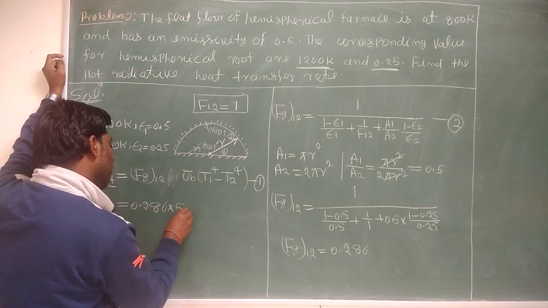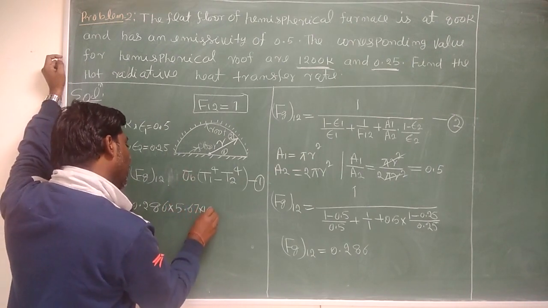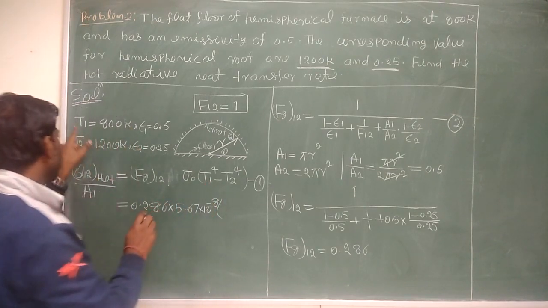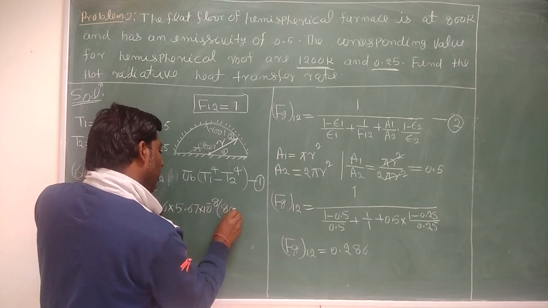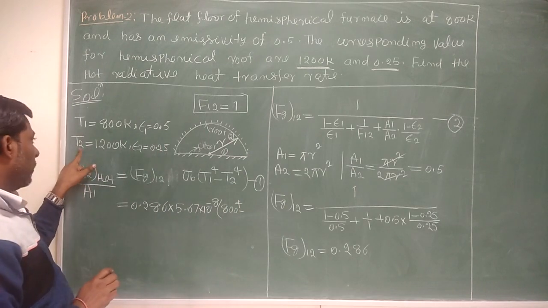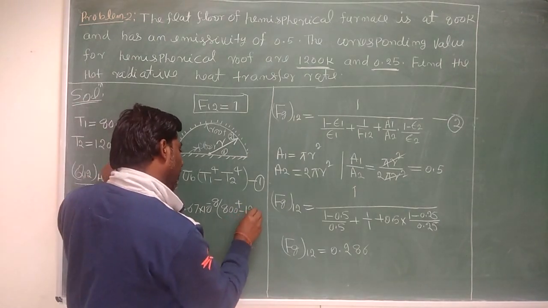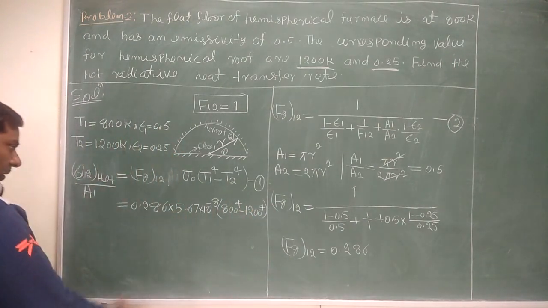You know that it is the Stefan Boltzmann constant, 5.67 into 10 to the power minus 8, times T1 to the power 4. T1 is 800 Kelvin. Temperature should be in absolute Kelvin, so 800 to the power 4 minus T2 to the power 4. This T2 is 1200 Kelvin, so 1200 to the power 4. Okay, let us solve it.